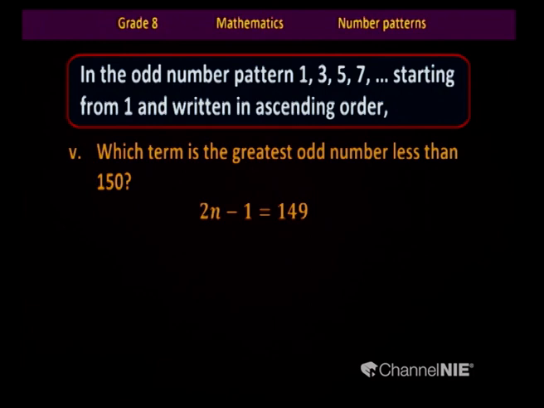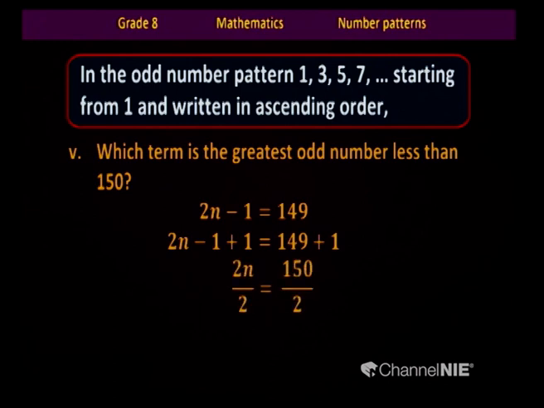Now, they are asking about the number of the term of 149. So, once again we can construct a simple equation using the general term. So, 2n minus 1 equals 149. Once again we first of all have to get rid of minus 1. Therefore, I add 1 to both sides. So, it becomes 2n minus 1 plus 1 equals 149 plus 1.